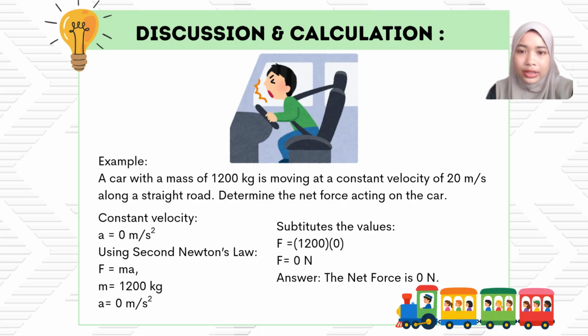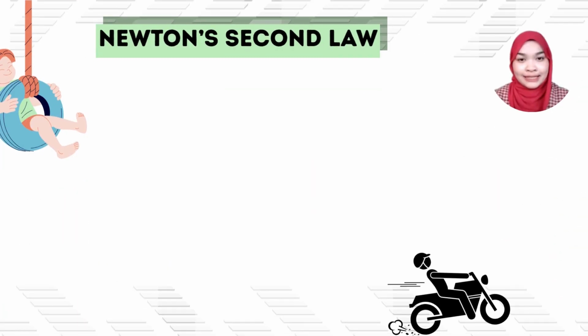For constant velocity, we get a = 0 m/s². Second, using Newton's second law, F = ma, where m = 1200 kg and a = 0 m/s². Substituting the values, F = 1200 × 0, and we get F = 0 N. The answer is the net force is 0 N.